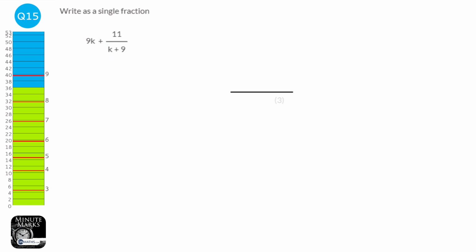And the way we do that is we get the 9k and we times it by k plus 9 over k plus 9. And effectively, k plus 9 over k plus 9 is just 1. So we're doing 9k times 1. So we're keeping it the same. We're keeping it as 9k. So what we do when we times a 9k or a term by a fraction is we times the top, the numerator of the fraction.